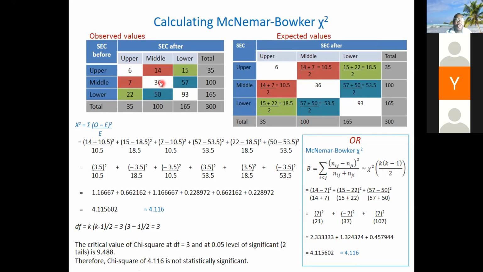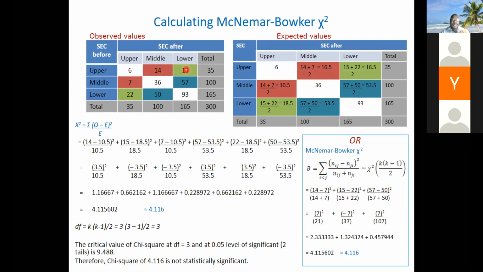here is that, okay, look at this 14. 40 people were upper before and became middle after COVID-19. Then 7 people were middle before, they became upper. So it's the exchange between middle and upper. Those are the pair. This green was upper before, it became lower.